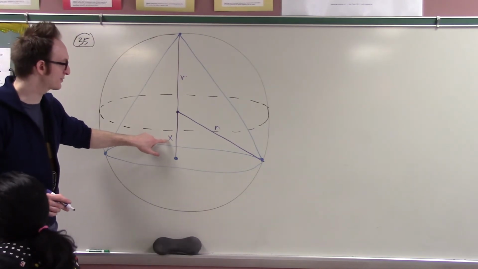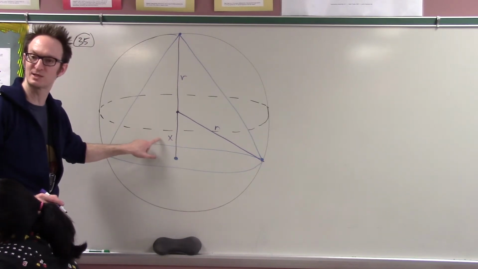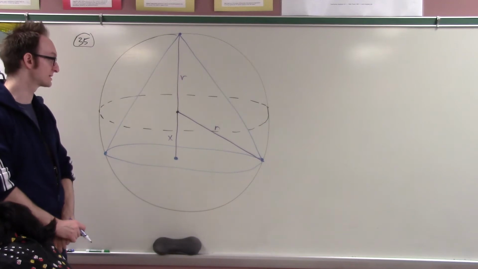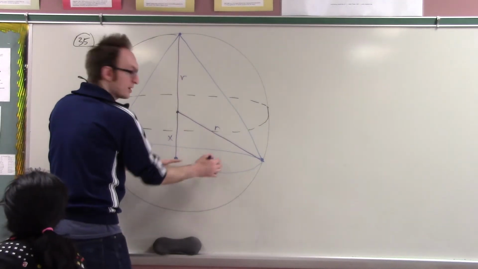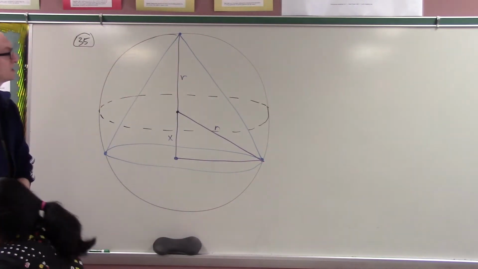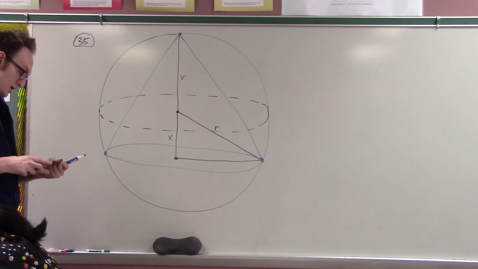In number 26, they tell you to do this. Number 26 was kind of a warm-up for the sphere problem, so I was hoping that more than half of you thought to do this. If you didn't call this x, you could also have picked a variable for this one or whatever, but I think if you do it this way, it's smoothest. So I'm going to write an expression for the volume of this cone.